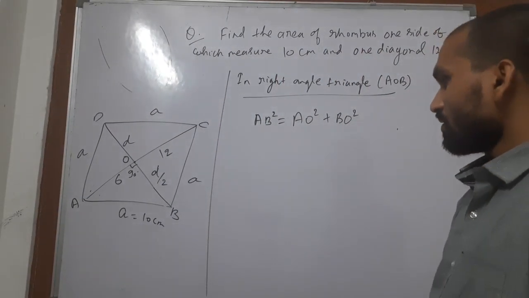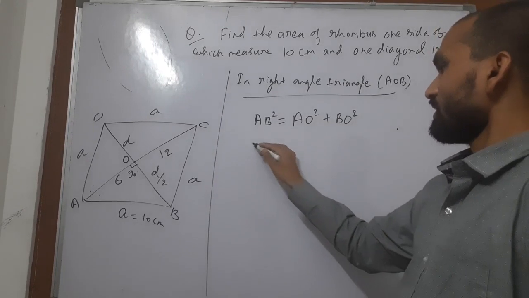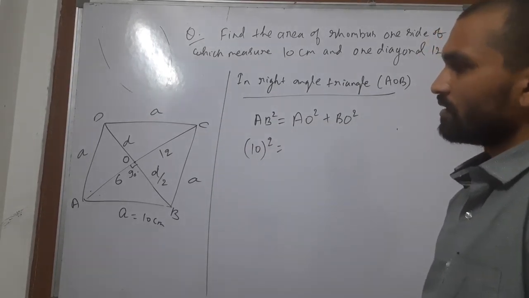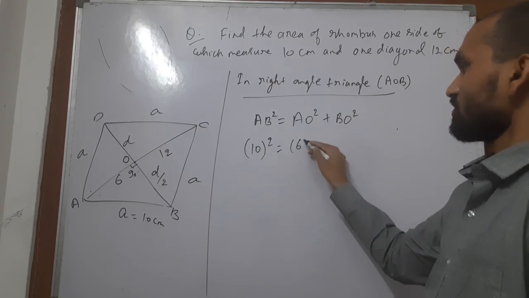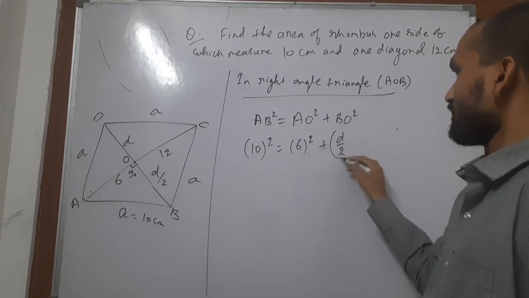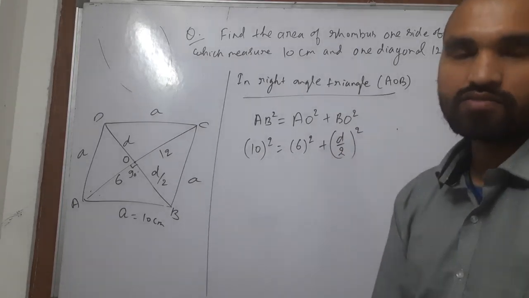What is AB? AB is 10. So 10 square is equal to AO, that is 6 square, plus BO, that is d by 2 square.